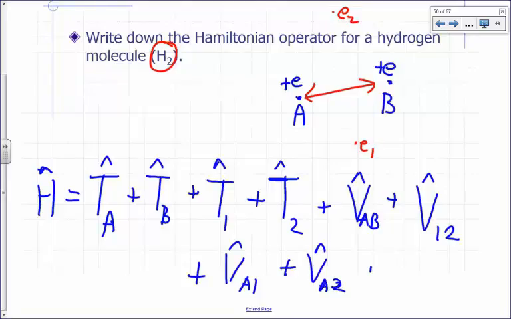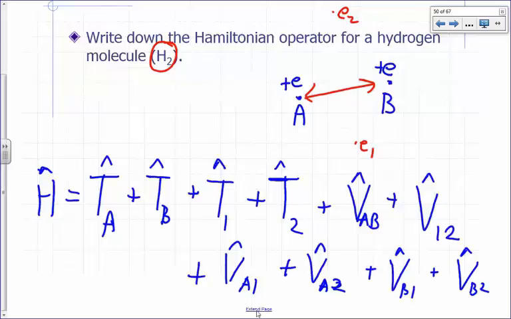That's two more. Another two would be what? B and electron 1, plus the potential energy of interaction of B and electron 2.